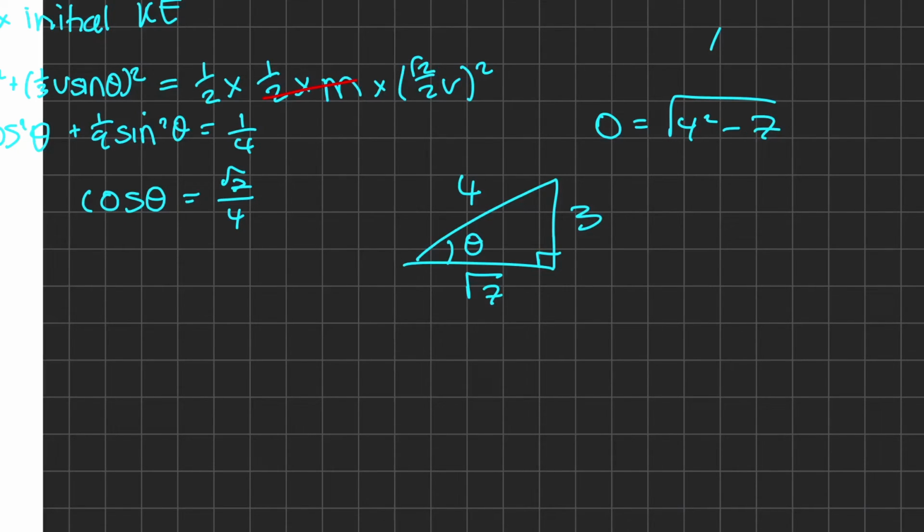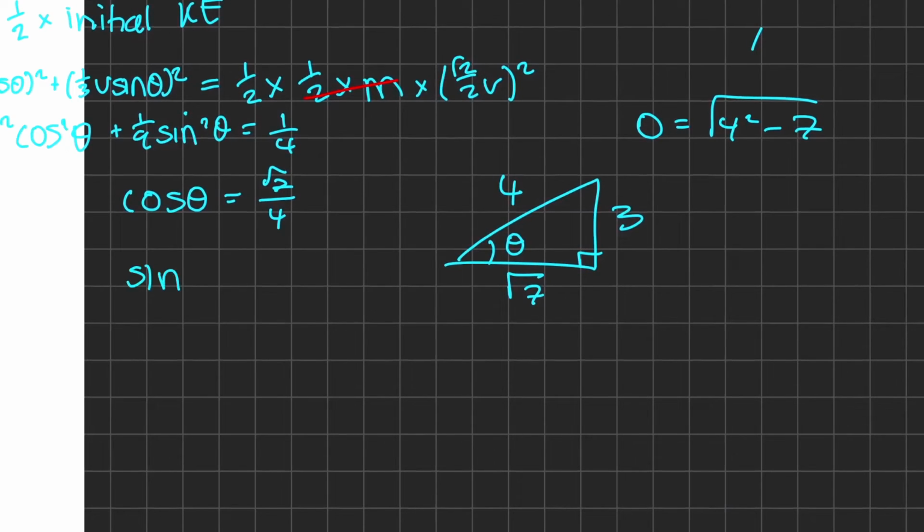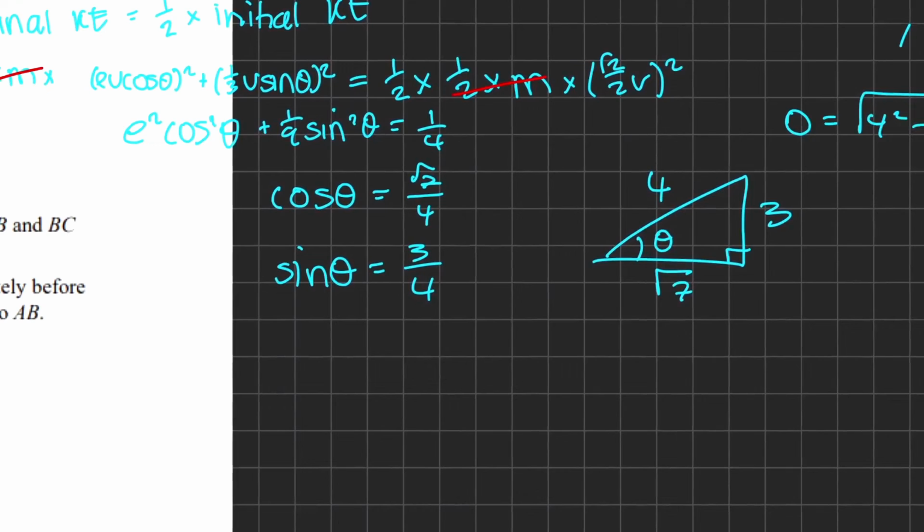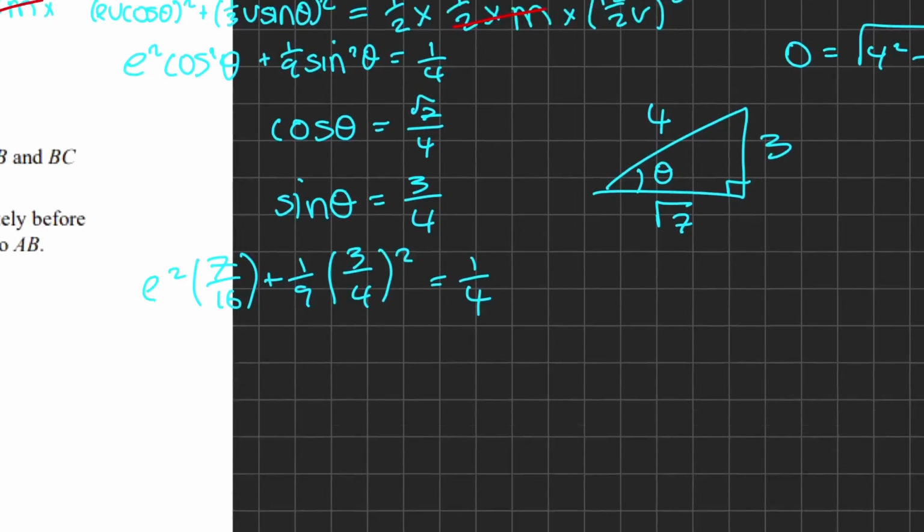And sine theta is opposite over hypotenuse, so sine theta is 3 over 4. So let's plug these in. e squared times (root 7 over 4) squared, so 7 over 16, plus a ninth times (3 over 4) squared equals a quarter, like so.